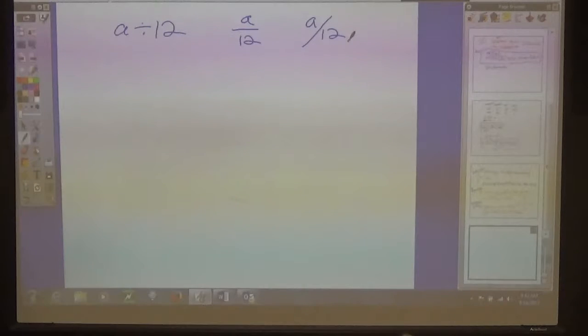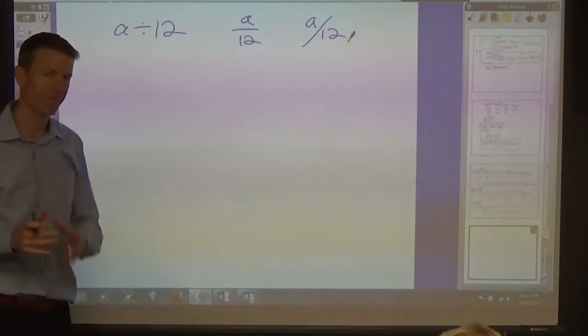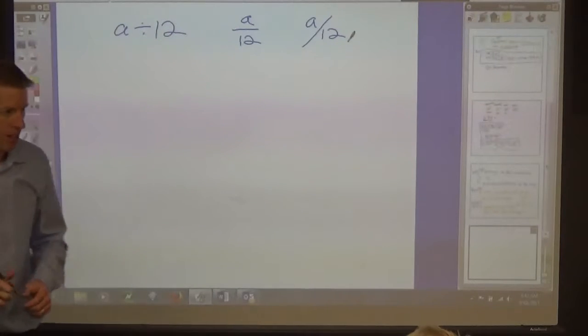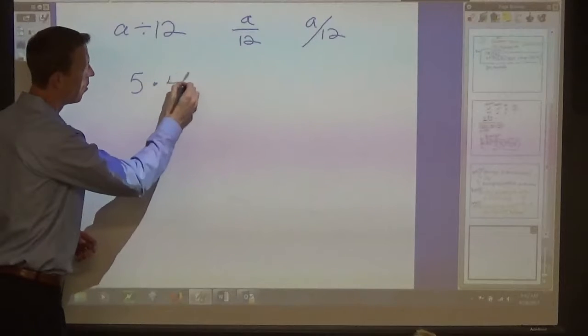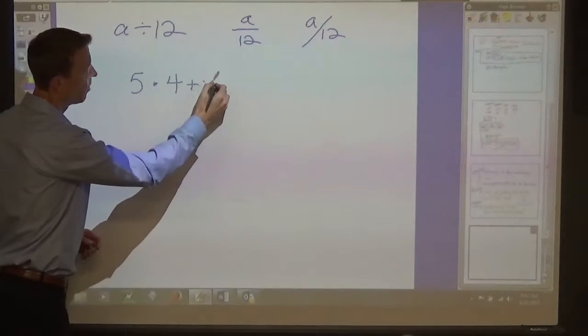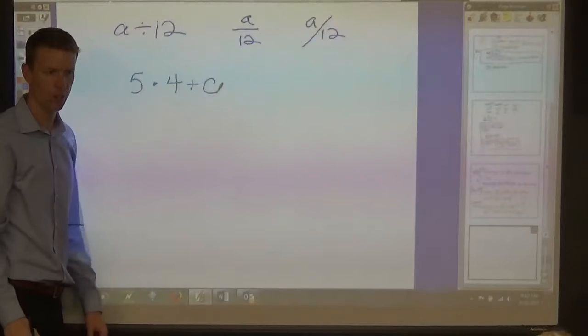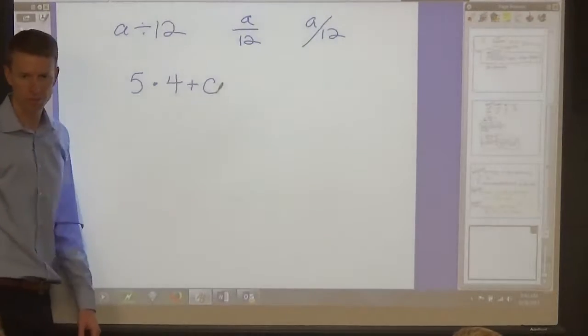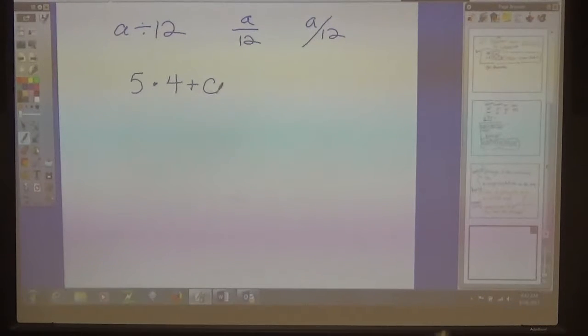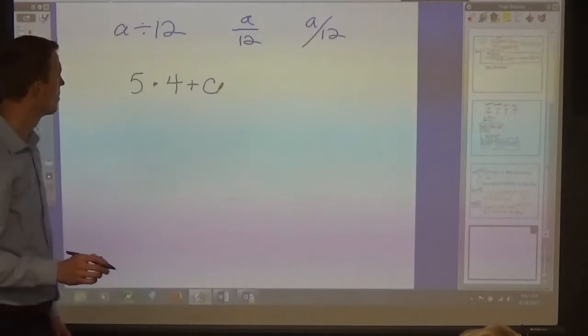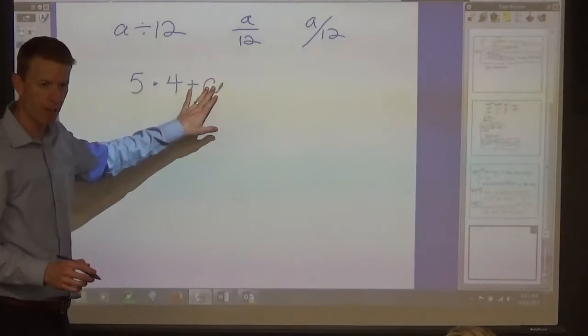5 times the quantity 4 plus a number c. Those are oftentimes confusing. But we know that it's 5 times the quantity 4 plus the number c. So you can put it together that way. And then look for something that would put these two together first.